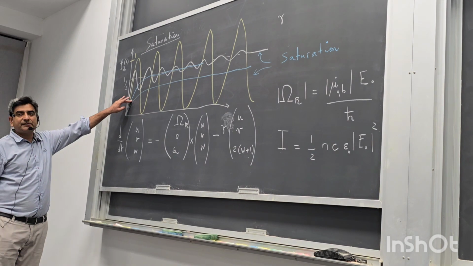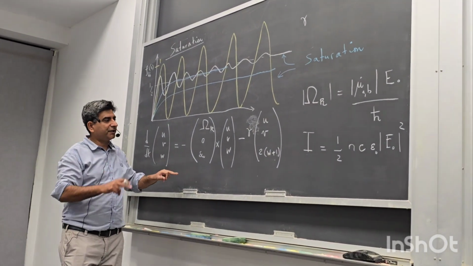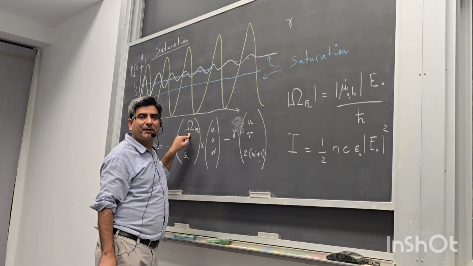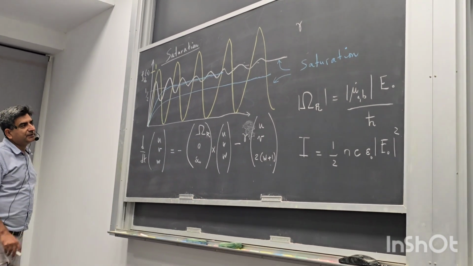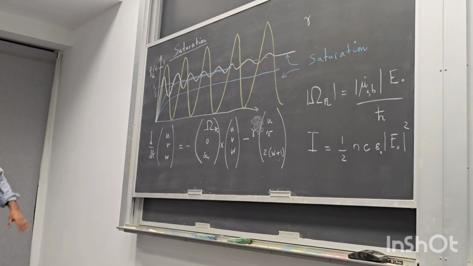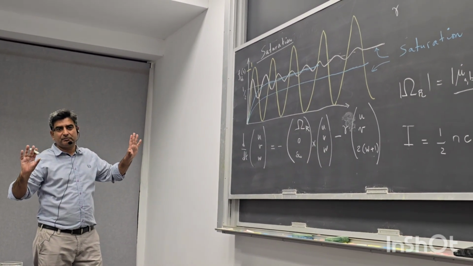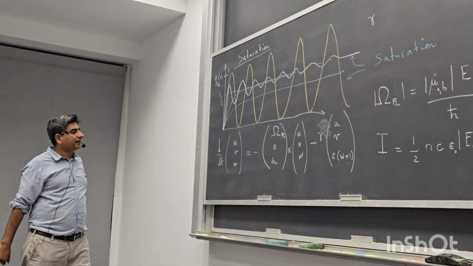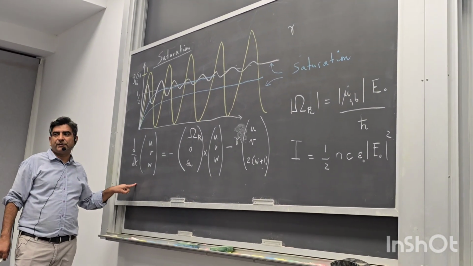So these plots are solutions to the optical Bloch equation for different ratios of gamma and omega r. Okay. Now what happens in saturation? In saturation, everything is steady to some final value. Okay. That final value would be achieved when the left hand side of this equation is 0.